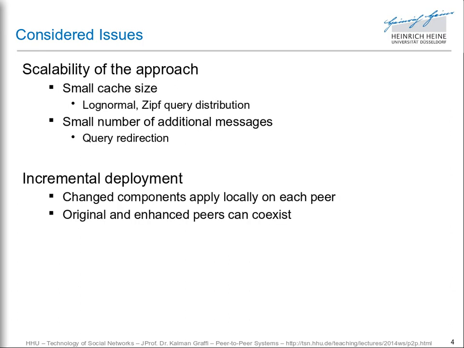Also, incremental deployment. This means that not every node in the peer-to-peer network must understand this feature of caching. This is important as we cannot simply stop the whole peer-to-peer network to deploy new software.